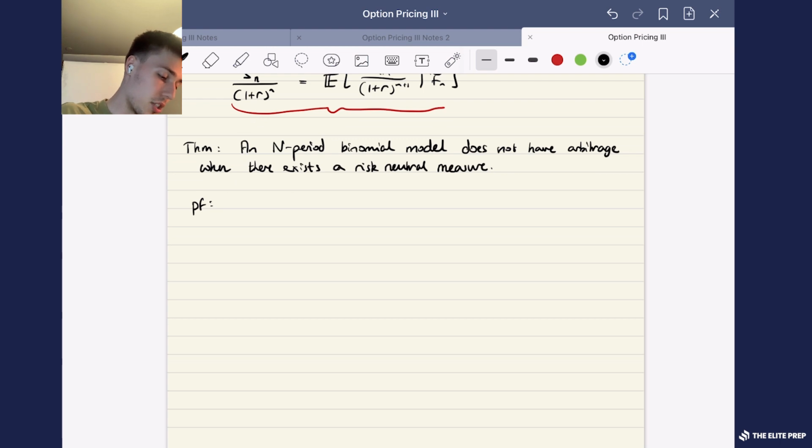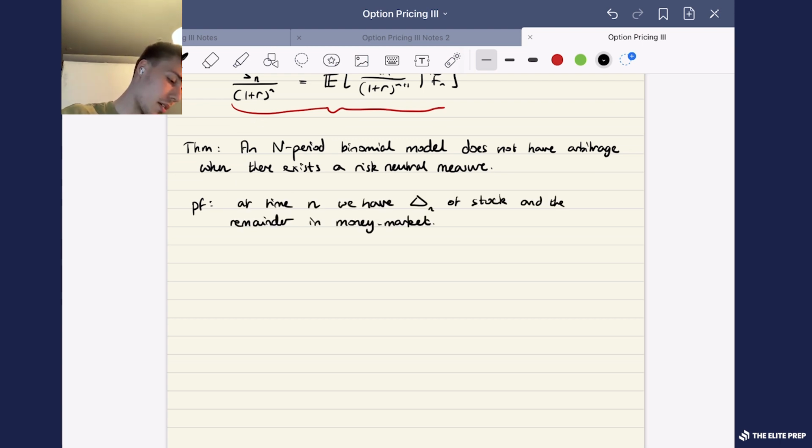We will consider a general trading strategy where at time n+1, the value of our portfolio is X_{n+1}. That's equal to Delta_n of the stock at n+1, because the stock at time n would have been S_n.